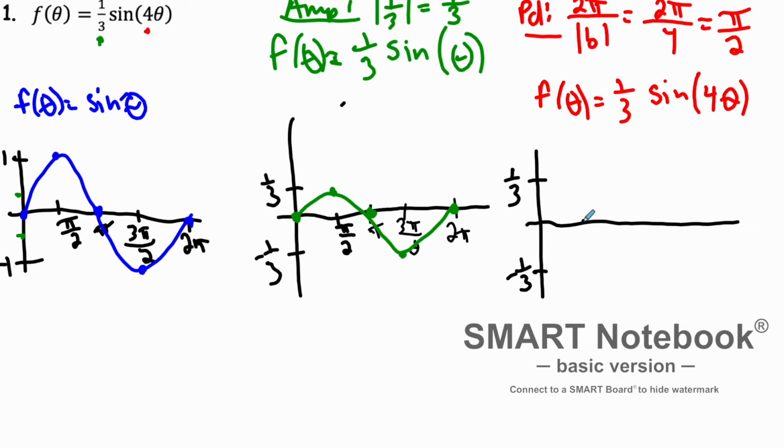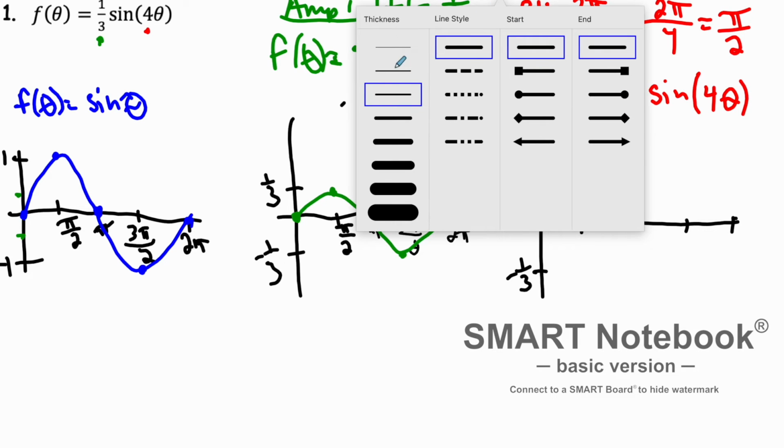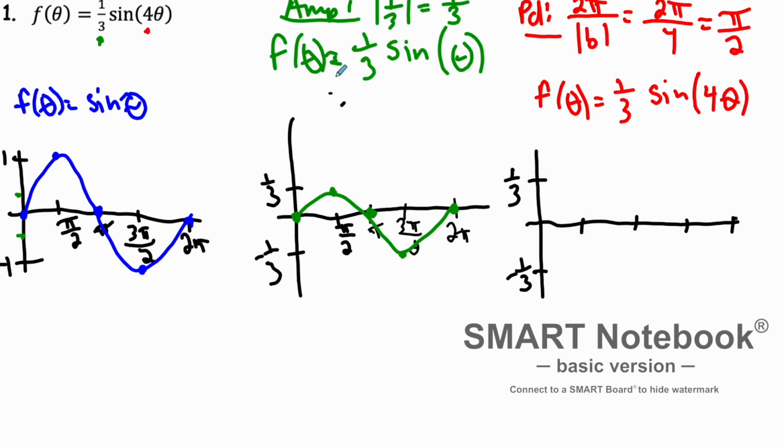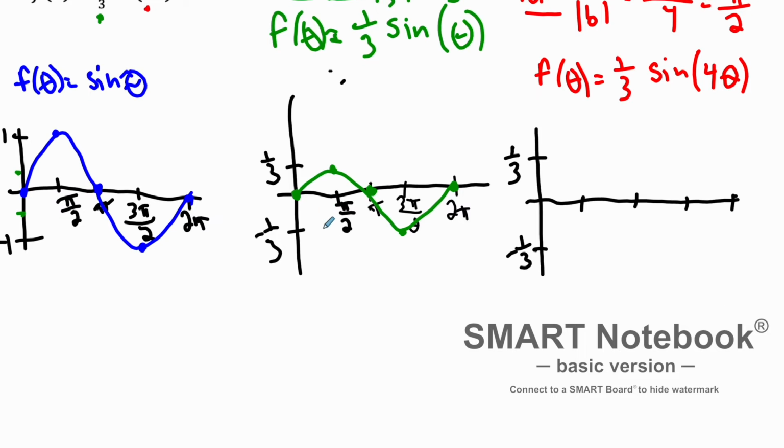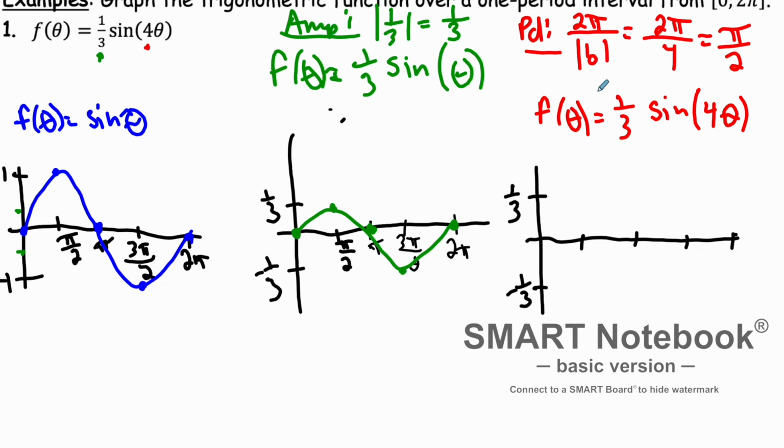What is changing is all of our x coordinates. So I'm going to put my 4 dashes here. And I'm going to go through and solve all of these by doing exactly what I did up here. Instead of 2 pi, though, I'm taking all of these x coordinates. Instead of dividing by 4, I'm going to multiply by the reciprocal.